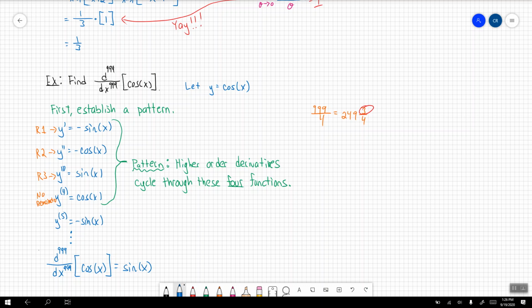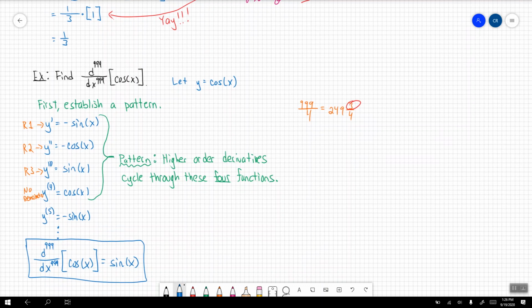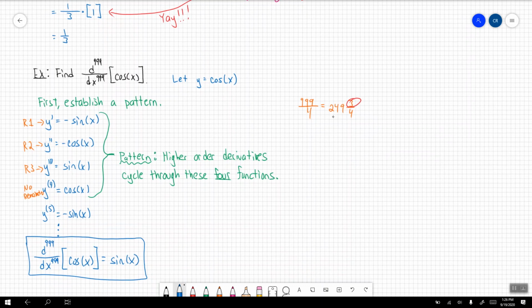And there we are. So we need to identify the pattern. Once we identify the pattern, we just use our conversion of the fraction for 999 divided by 4 to find the remainder. Once we have that remainder, we just identify which derivative that falls under. And that's pretty much it.